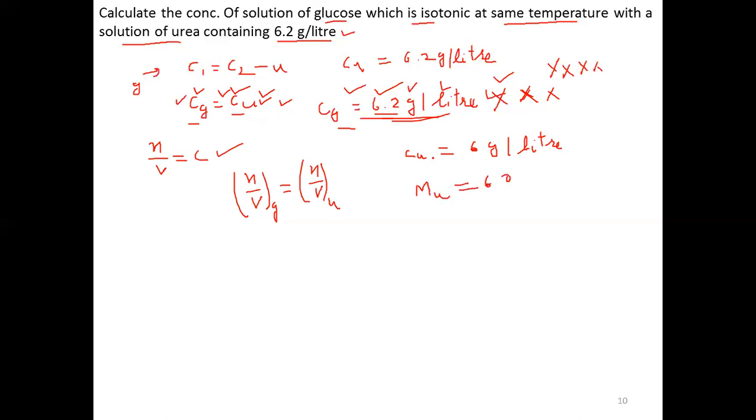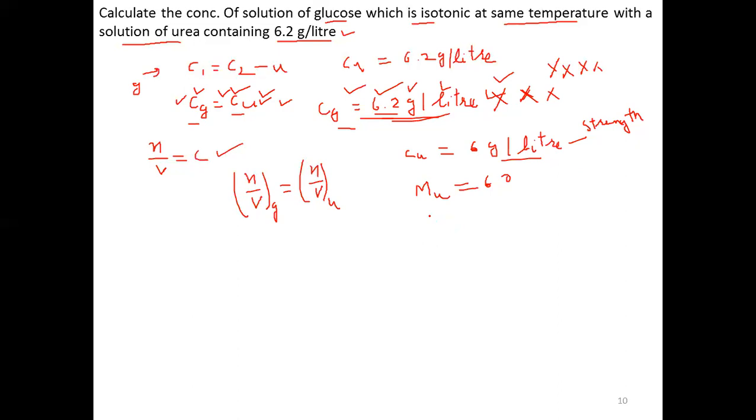So this concentration of urea in gram per liter is actually strength. These are the units of strength, and as I said, strength can be converted to molarity by a formula: molarity is equal to strength divided by molecular weight, or strength is equal to molarity into molecular weight.